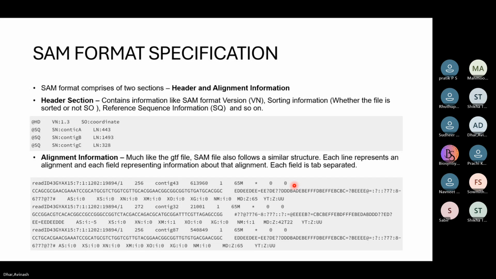Based on where your reads align, your inner mate pair distance basically regulates whether your alignment is proper or not.